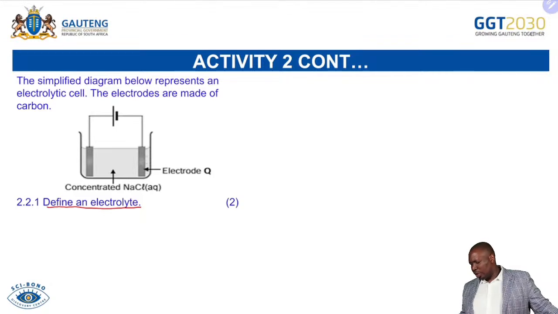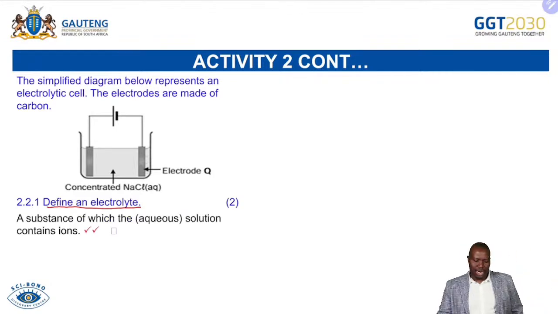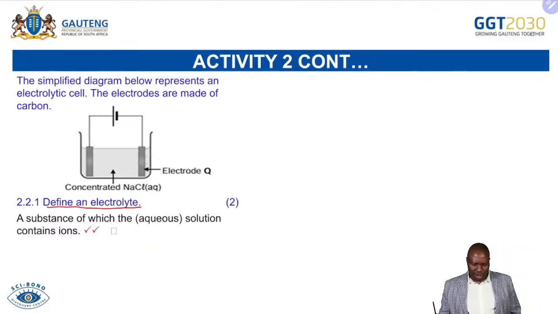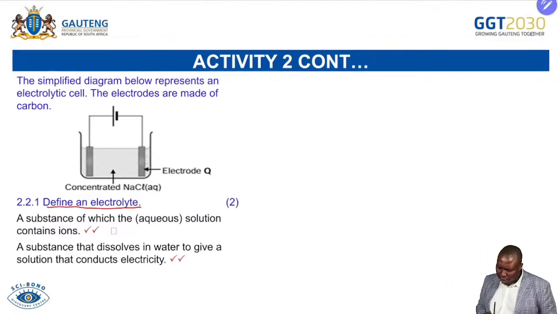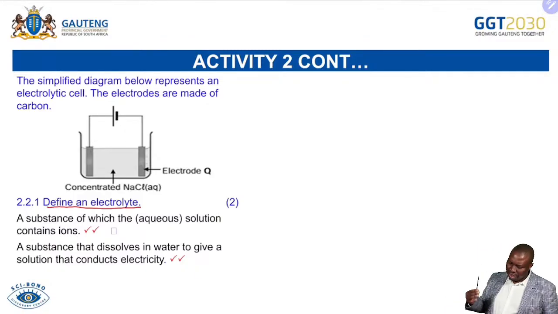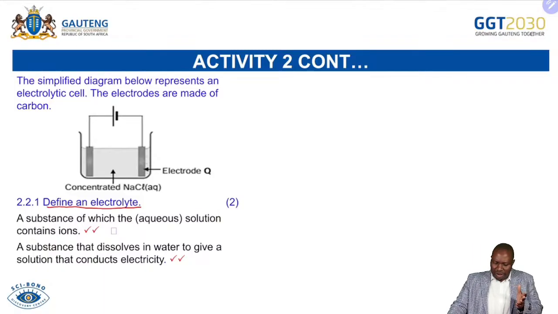So you are able to get your 2 marks for defining an electrolyte as a substance of which the aqueous solution contains ions, or a substance that dissolves in water to give a solution that conducts electricity. It's your preference, whichever you find easy.